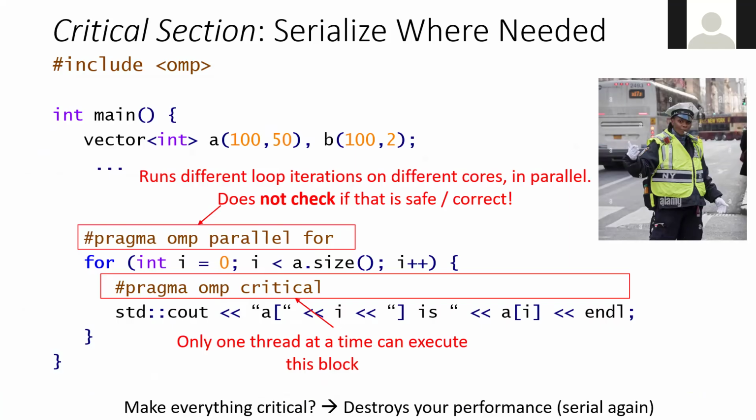But making everything critical will just destroy your performance, making it serial again, and that defeats the purpose of making this block parallel. So if you're doing just one output for this for loop, there's no reason to make this parallel because it just doesn't make any sense.